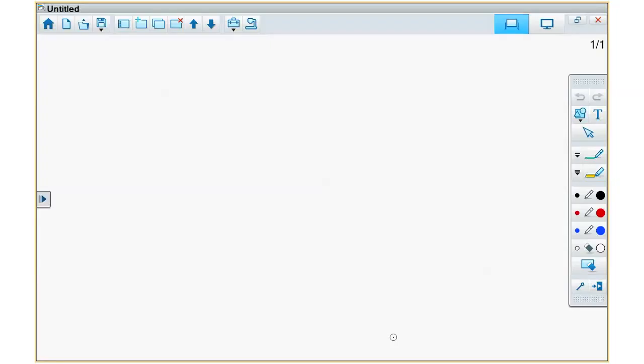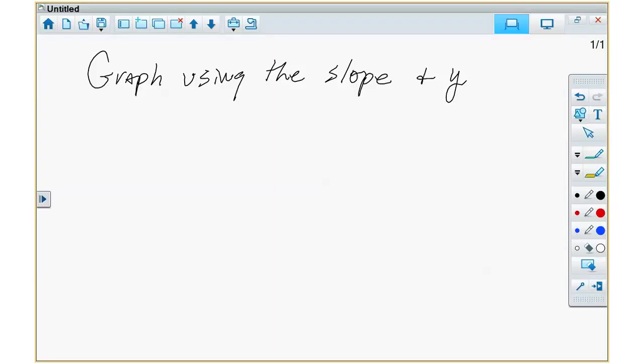With that method, the directions will say graph using the slope and y-intercept. Yes, method 3, the last method. Graph using the slope and y-intercept. That's what the directions will say.